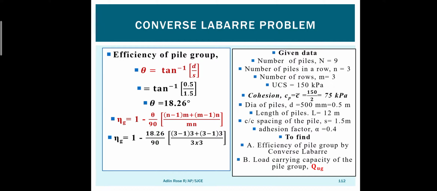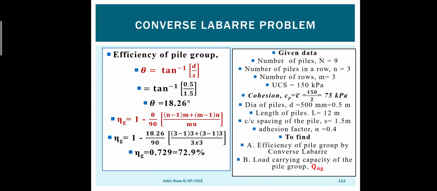And how many piles in a row? That is also 3. So substitute m and n as 3. So you get (3 minus 1) into 3 plus (3 minus 1) into 3, divided by 3 into 3. When you calculate it, you will get the efficiency of the pile group as 0.729. Always efficiency is expressed in percentage, so it is 72.9 percent.